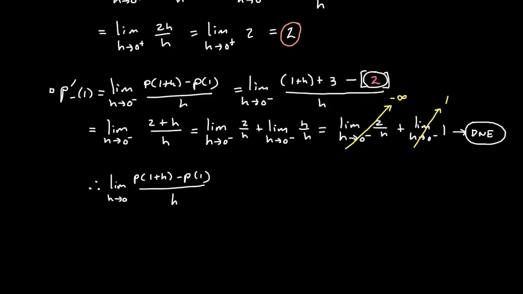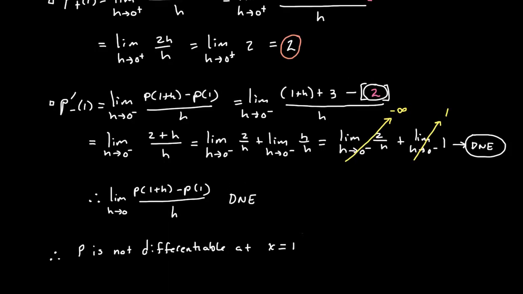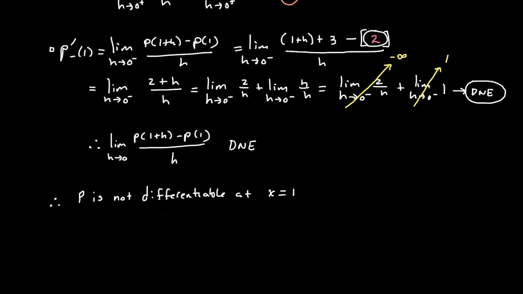And we conclude the way we've been concluding all along. This doesn't exist. We say, therefore, p is not differentiable at x equals 1. In part B, we say p is not continuous. This is our classification at x equals 1. So we see that when p is not continuous, p cannot be differentiable.